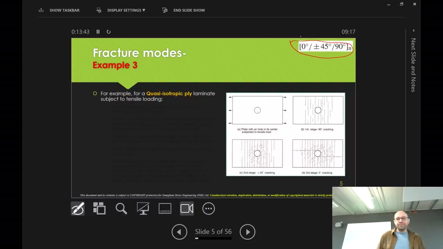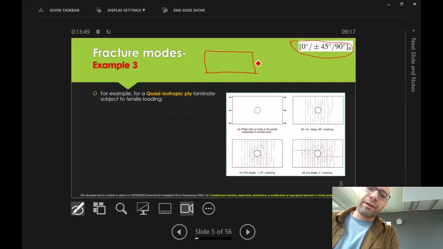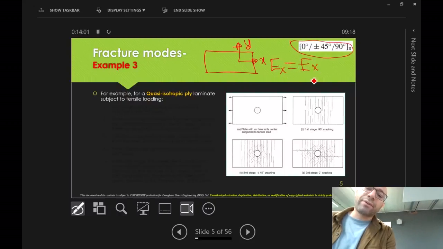Quasi-isotropic. Or essentially quasi-isotropic, just to remind you. If this is direction X, this is direction Y, the mechanical material property in the X direction, for instance, EX, is equal to EY. That's why it's quasi-isotropic.